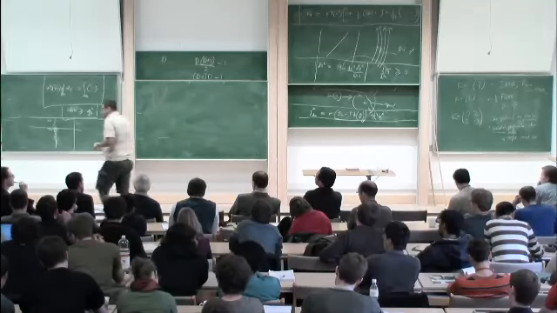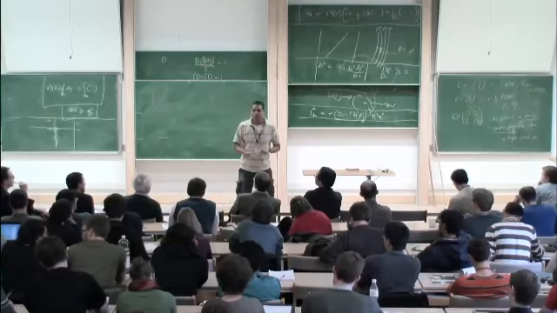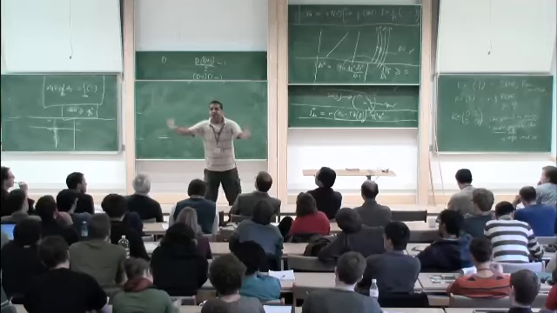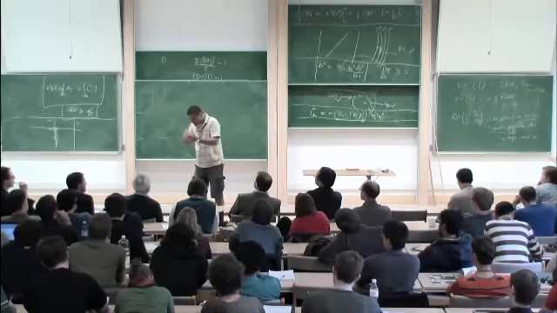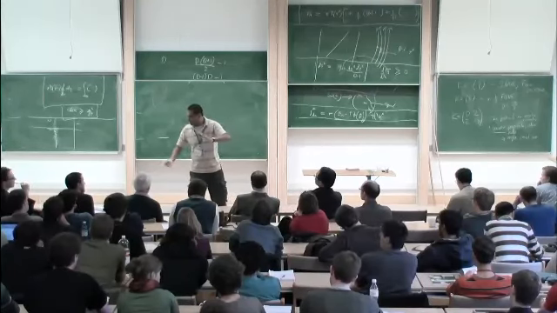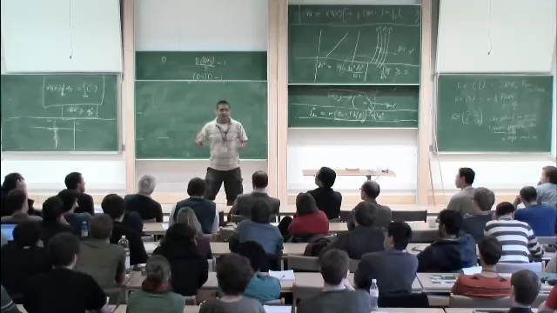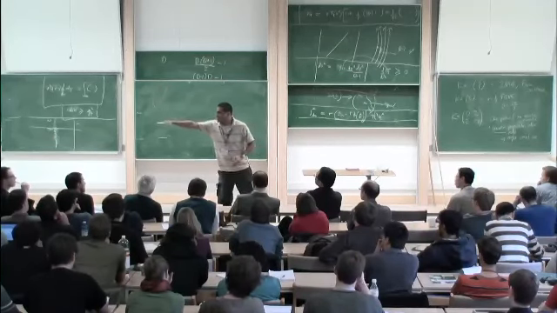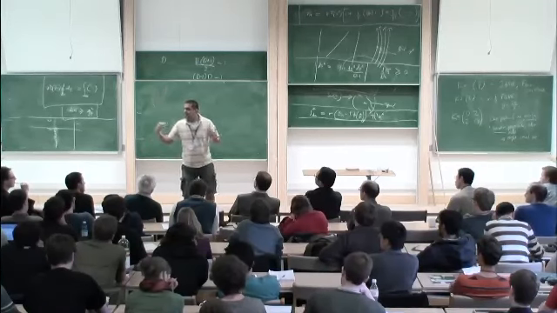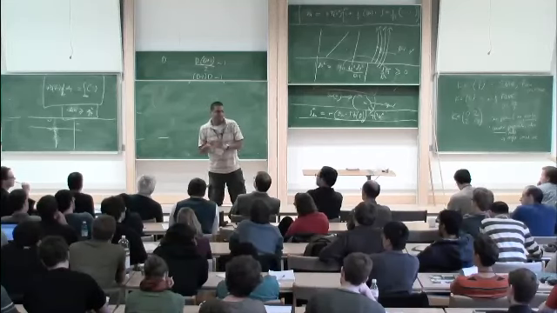And the first really beautiful, the only really beautiful result in this game was by Sonner and Withers 2 years ago, in which they showed, without having to solve any equations, that just by using the general manipulations that allow you to show the first law of thermodynamics in general relativity, they showed in this very beautiful way that the form of the perfect fluid stress tensor for this superfluid hydrodynamics is exactly the form predicted by Landau and Tisza in the 1950s, even though Tisza didn't understand what he was doing.